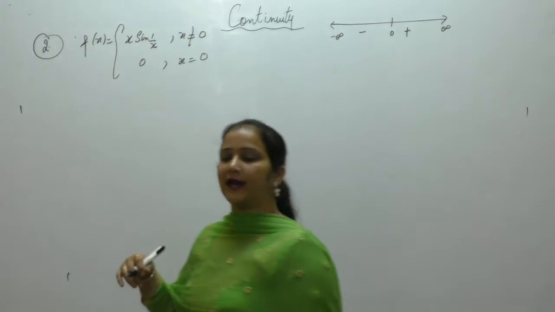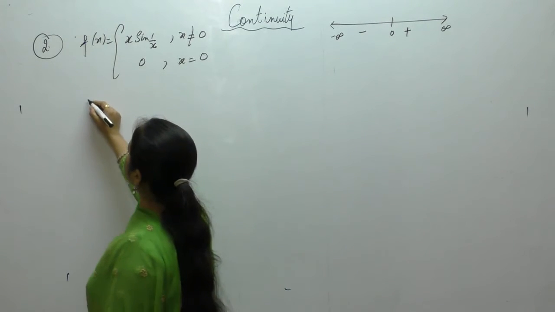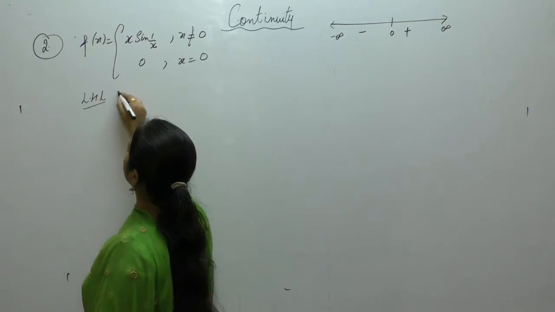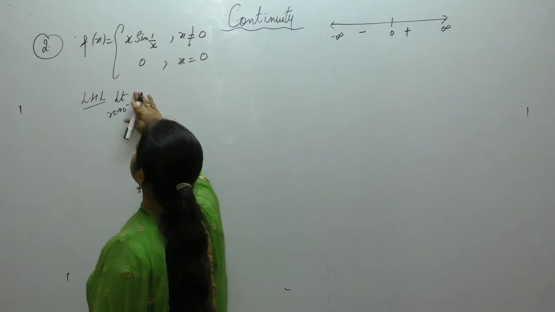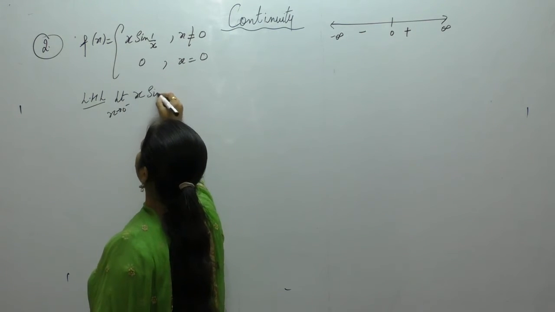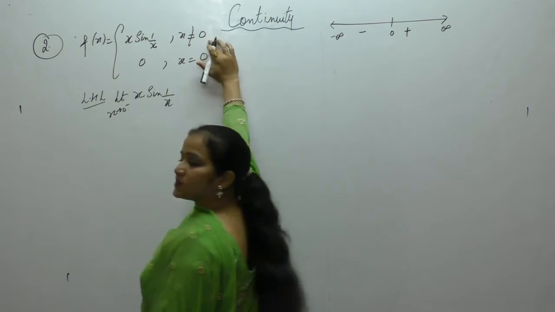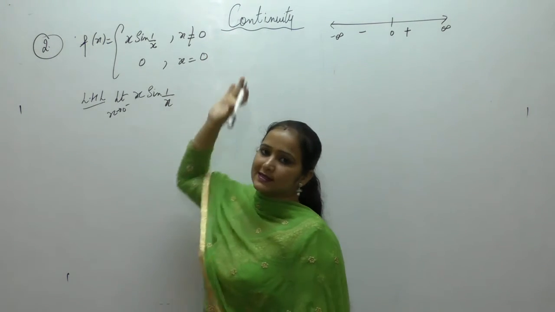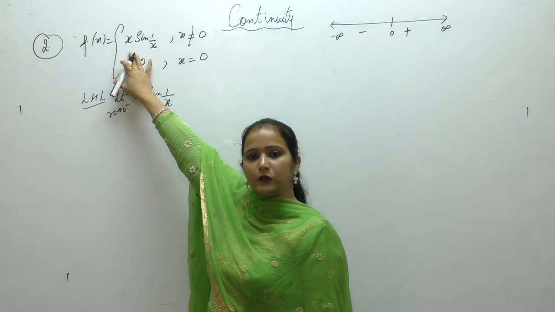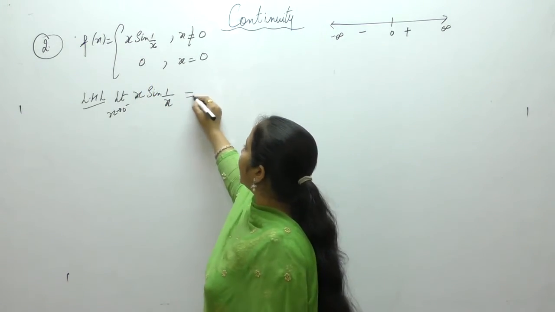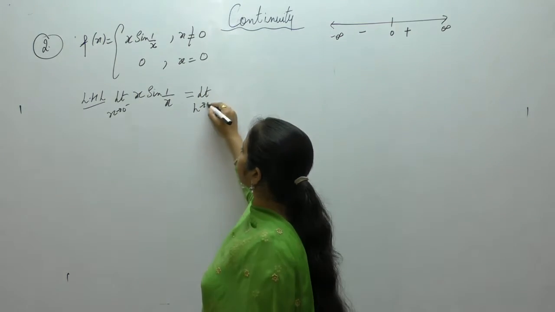We want to prove that the function is continuous. Left hand limit, limit x tends to 0 negative, f of x is x into sine 1 by x. When x is not equal to 0, meaning x is less than 0 or greater than 0, the function has this value. So we can write it as limit h tends to 0.